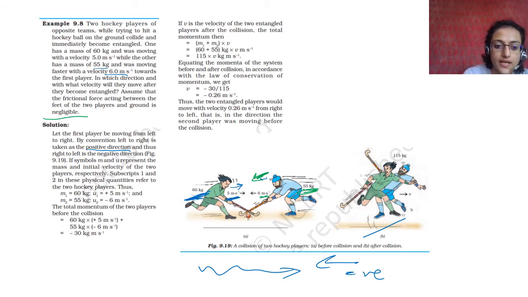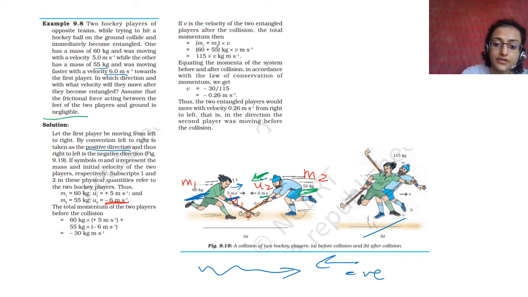So if this is m1, this is u1, this is m2, this is u2, we calculate the initial momentum, and you have to consider the direction of the total system after the collision. So you have to see the signs, right?